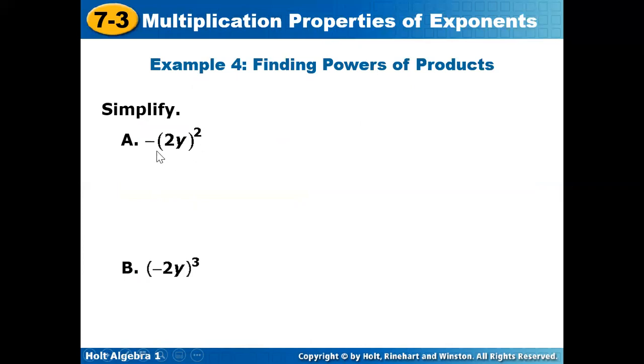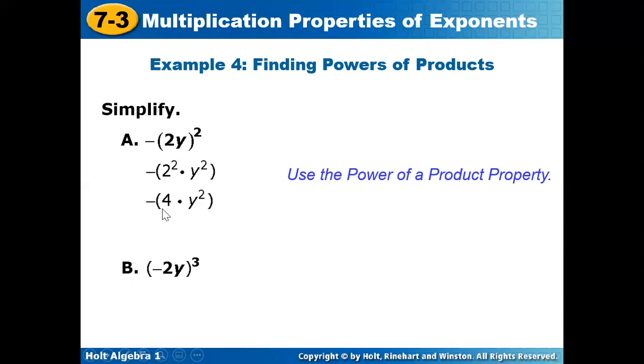So we're going to do that here, right? And remember, if the negative sign is outside of the parentheses, you add the negative sign after you do what's inside the parentheses to the exponent. So 2y to the second power is the same as 2 to the second power times y to the second power. Which is 4 times y to the second power.